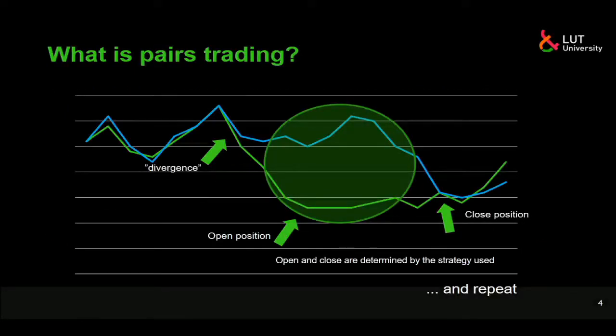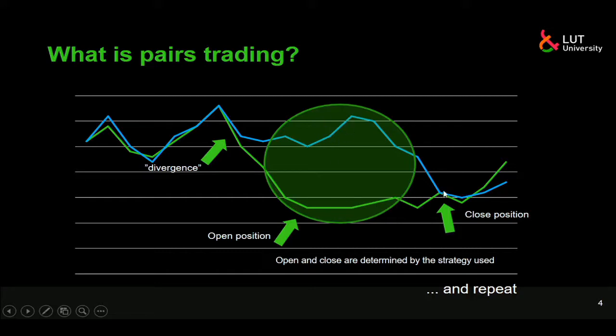So here's some kind of a picture that tries to illustrate this. We have identified a pair of stocks that co-move, and when they diverge, we can see this kind of bubble, where one stock's price remains higher than the other stock's, and somewhere in this area we want to open a position where we are selling this one and buying this one.